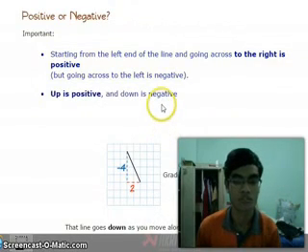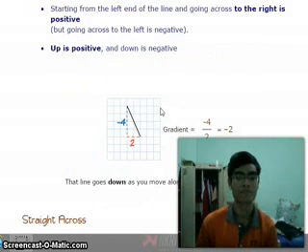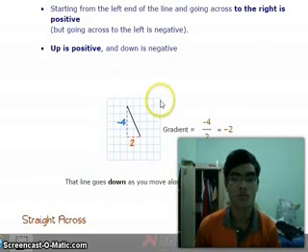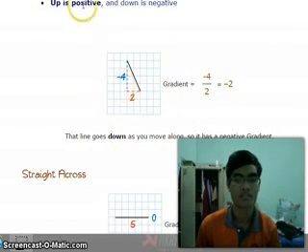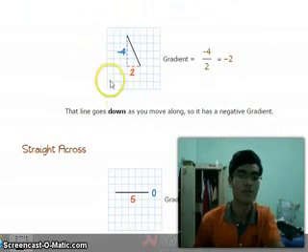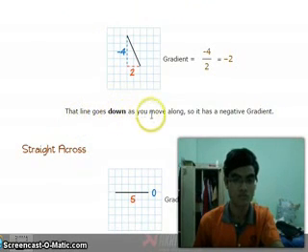Now I want to explain the negative gradient. For a negative gradient, the line goes down as you move along.